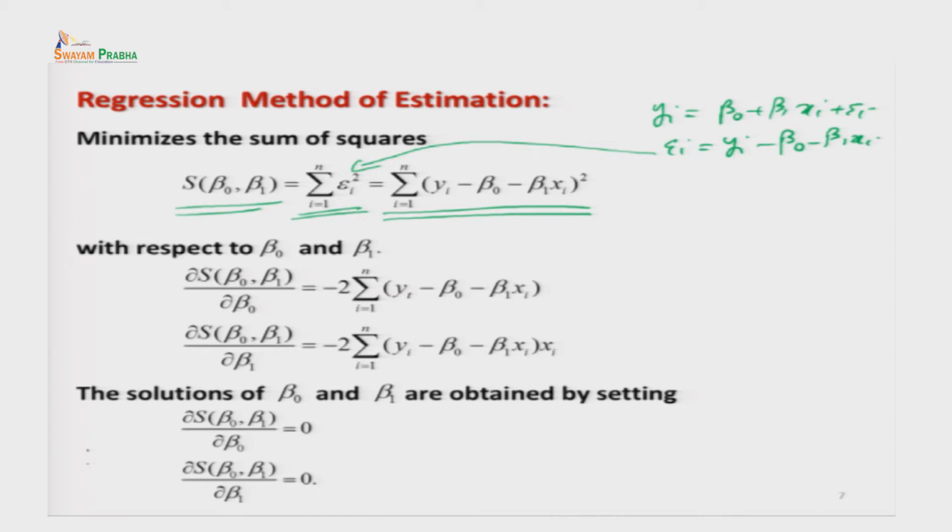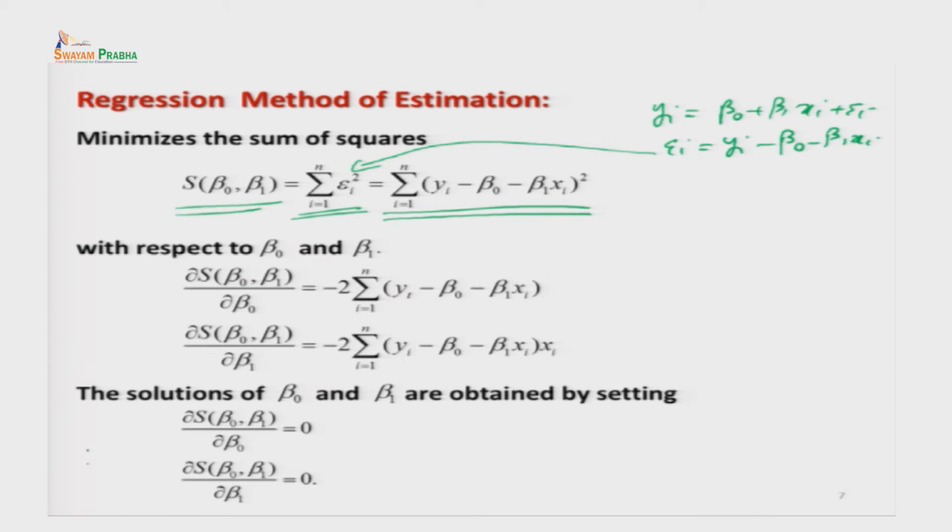Well, you see, one thing I must clear: in the case of the principle of maxima and minima, first we need to differentiate the function with respect to the parameter and put it equal to 0, that will give you the normal equation.